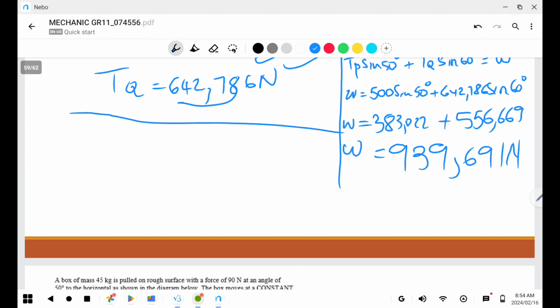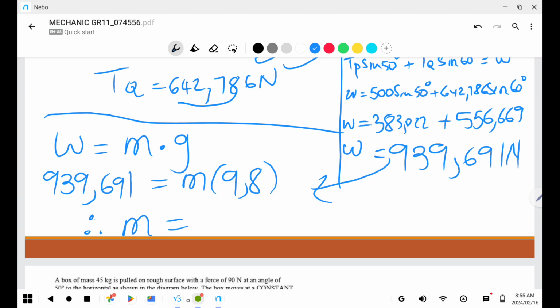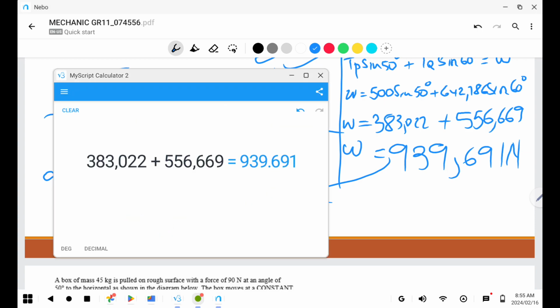We know that the weight is equal to mass multiplied by gravitational acceleration. This one I have found, 939,691 equals mass multiplied by 9,8. Therefore, the mass will be equal to, Simon must be having a large mass.